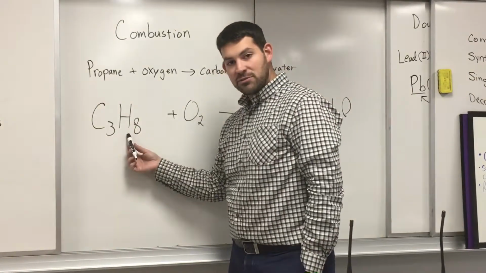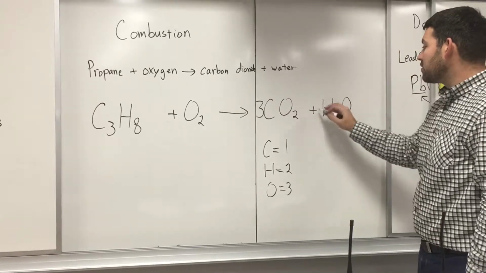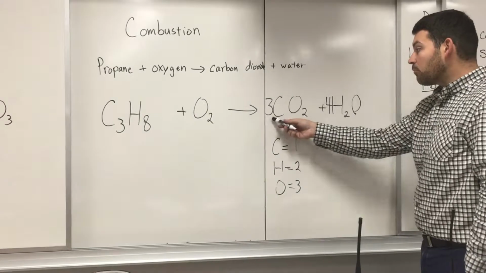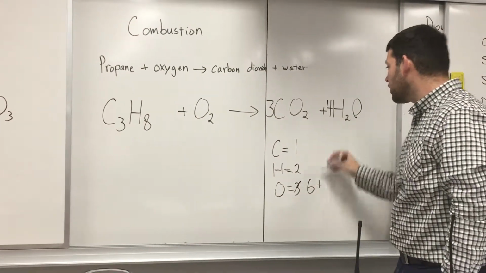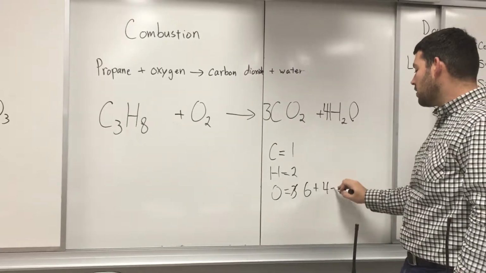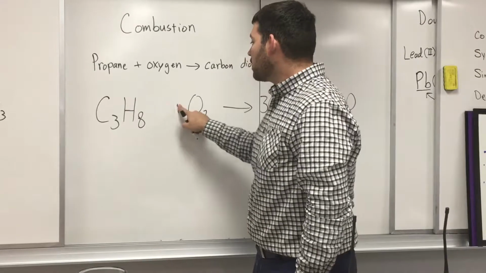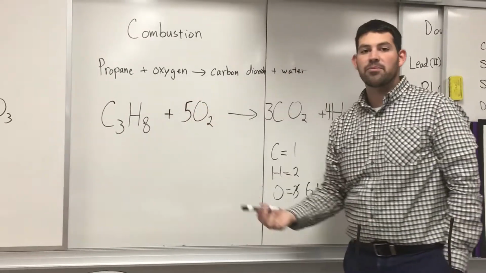However many hydrogens we start with, which is 8, we're going to have that and put it in front of the H2O, so we're going to get a 4 there, so 4 times 2 will give us 8. We'll recount our oxygen. 3 times 2 equals 6, plus 4 times 1. So we have 10 oxygen atoms, so we're going to need 10 here. So we're going to put a 5 in front of the oxygen, and that is our combustion reaction.